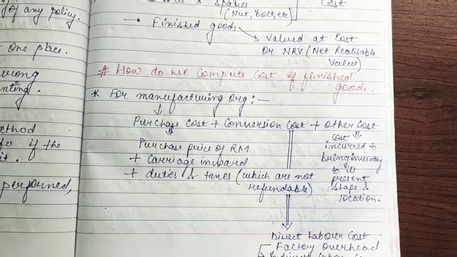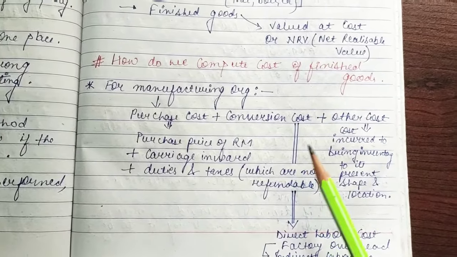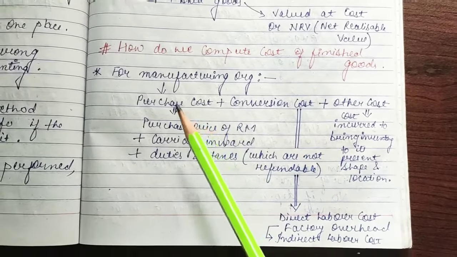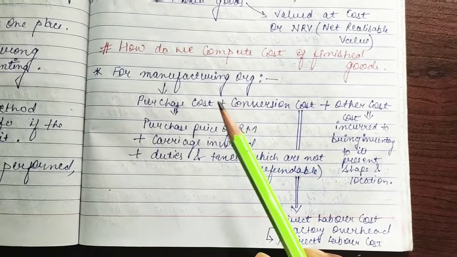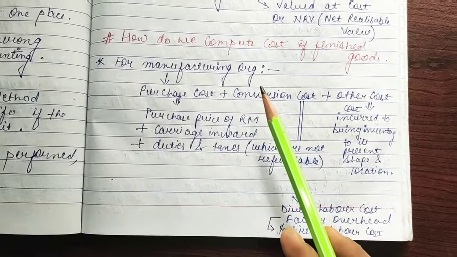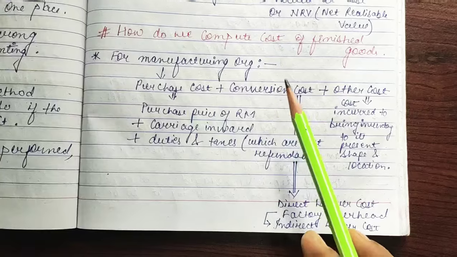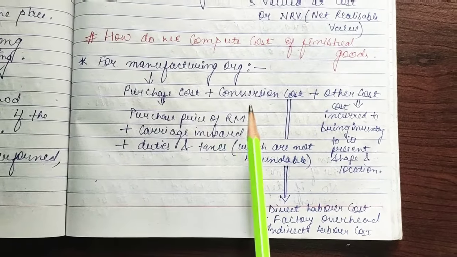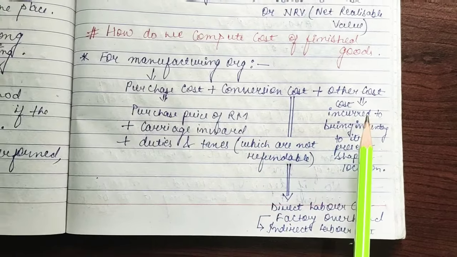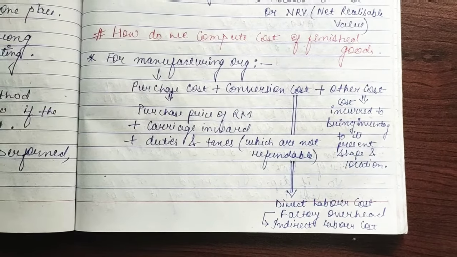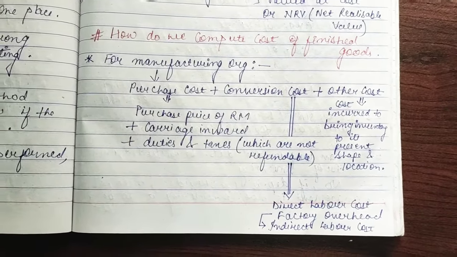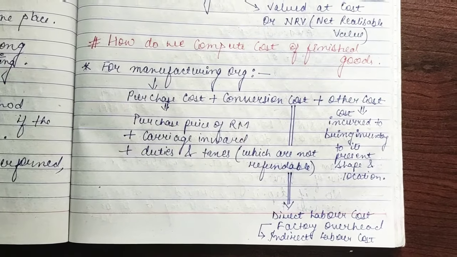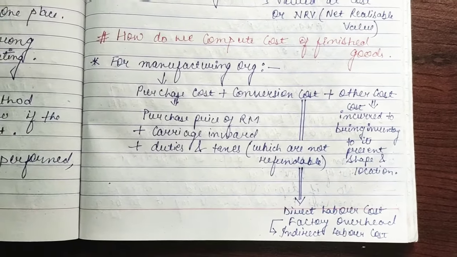Let us first understand how to compute the cost of finished goods for a manufacturing organization. For a manufacturing organization, finished goods will be valued at purchase cost plus conversion cost plus other cost. So what are the 3 costs that we have to add in order to compute the cost of finished goods?